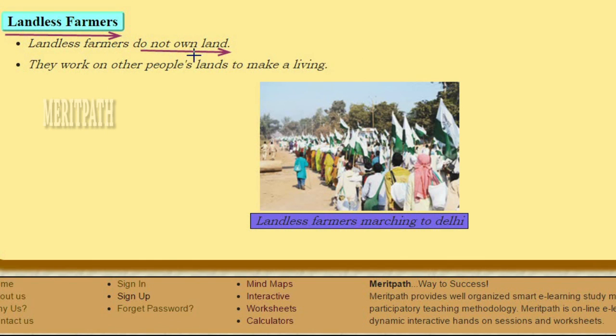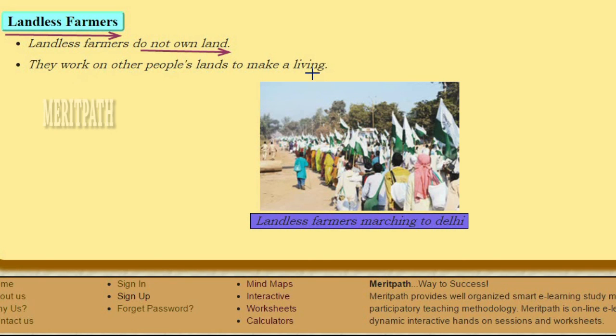Landless farmers. That means these farmers are below the middle class category and do not have their own land. So what do they do? They go and work on other people's land. For example, landless farmers go and work on the large farmers' lands to make a living, to earn some salary.